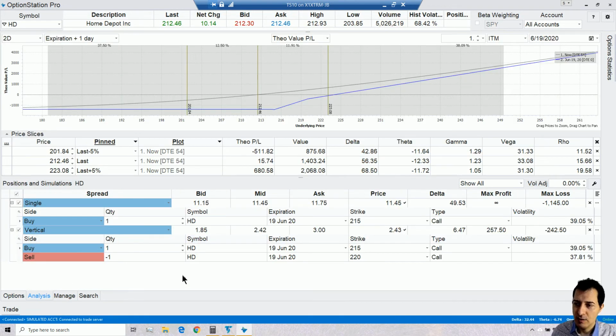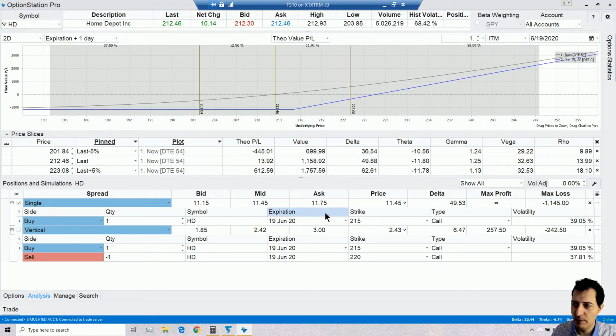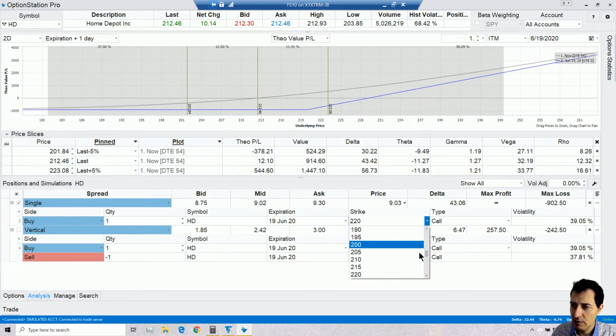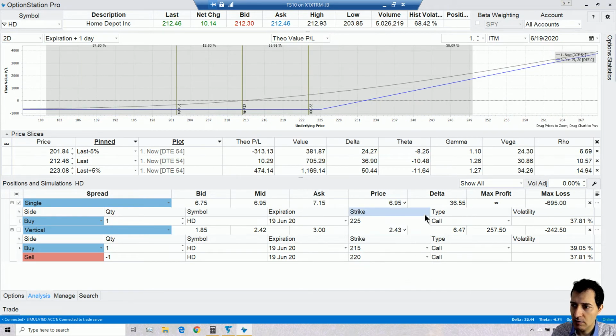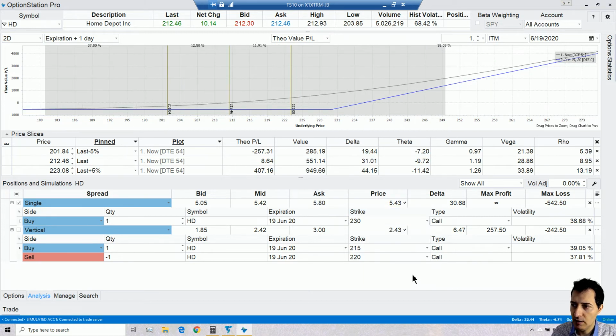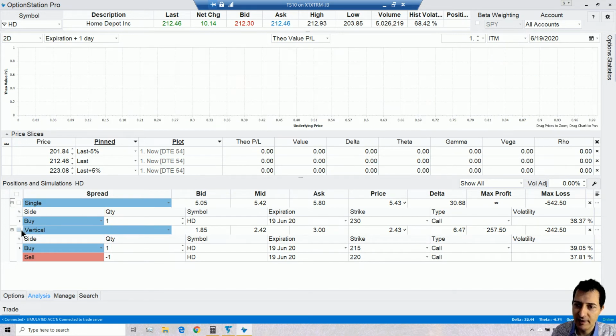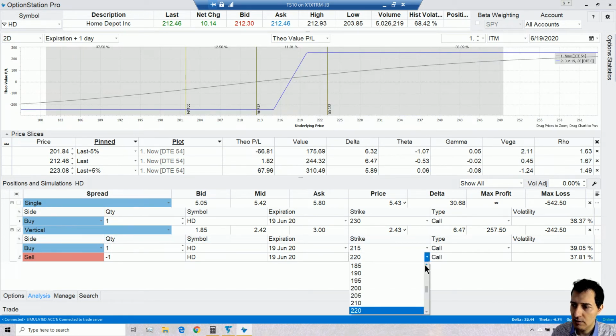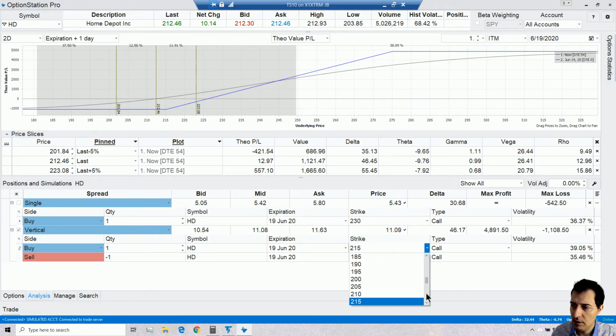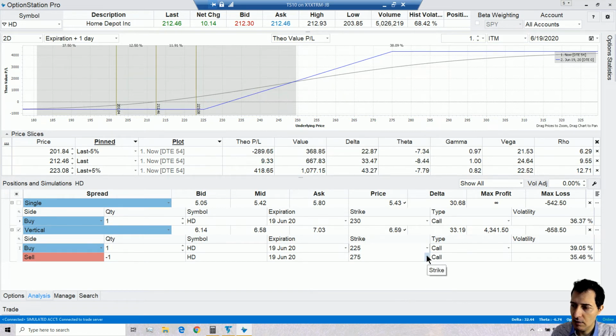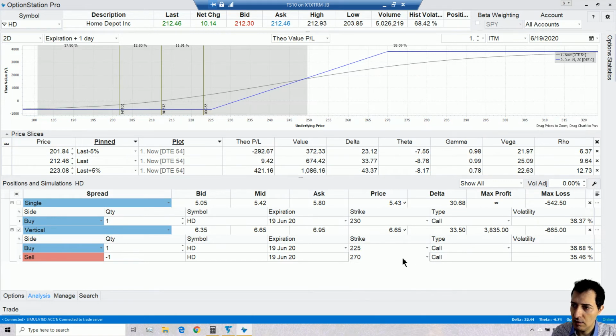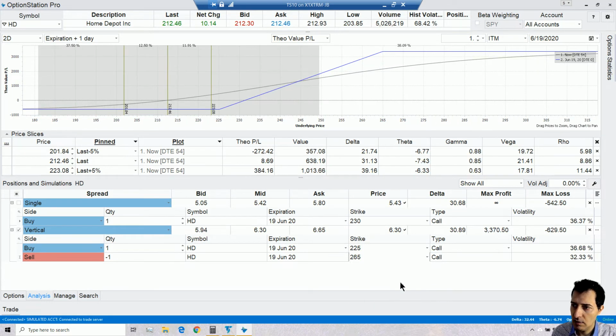Let's say you are looking to do the trade with Home Depot, and I'm going to do the same thing: try to adjust my deltas to be around 30. Let's see, the 230, yeah, the 230 is giving me 31. So let's compare that with the spread.